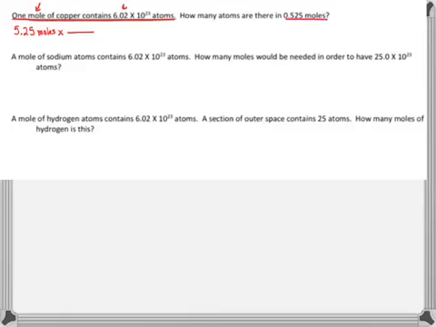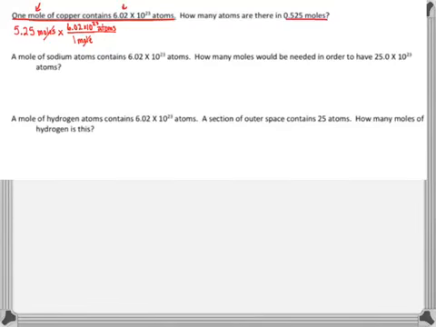And according to this conversion, or this equality, 1 mole is equal to 6.02 times 10 to the 23rd atoms. I'm sorry, I can't really see that very well. All right, so my moles cancel out.